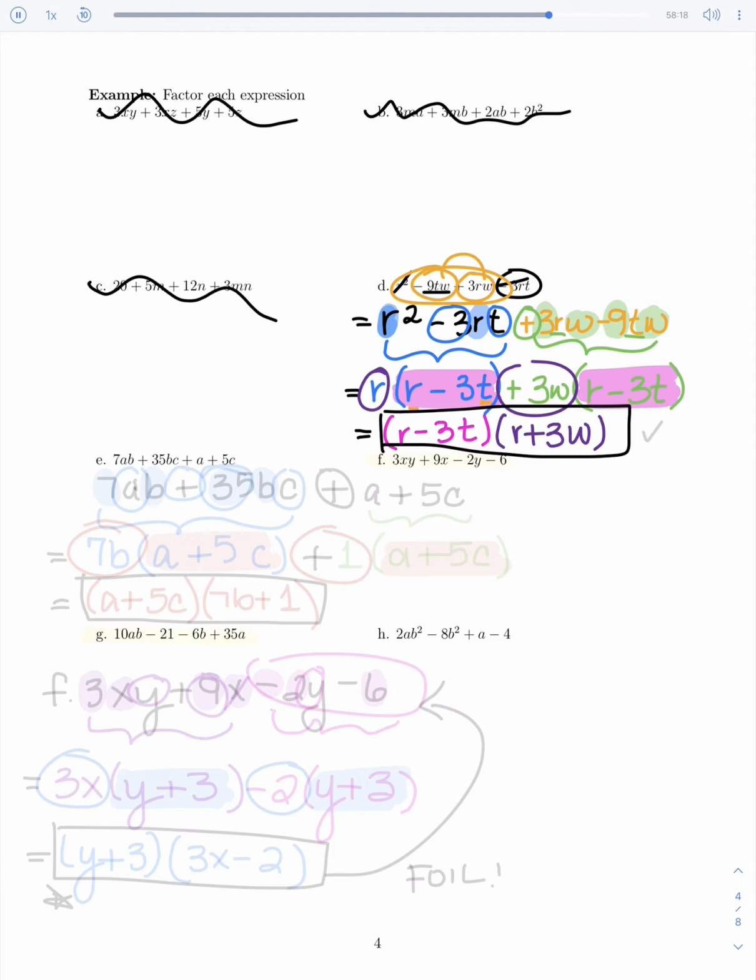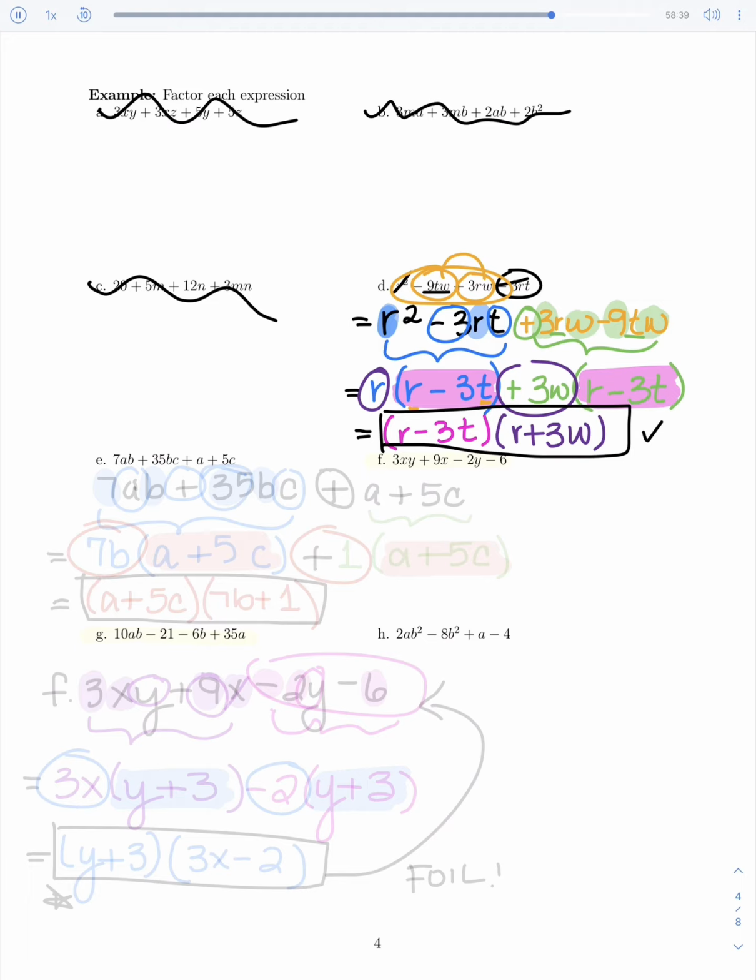We got the R plus 3W first and the R minus 3T second. Doesn't matter, this is exactly the same. It's just in a different order. So it does show you that it doesn't matter which way you do it, you still get the same answer, which is pretty awesome.